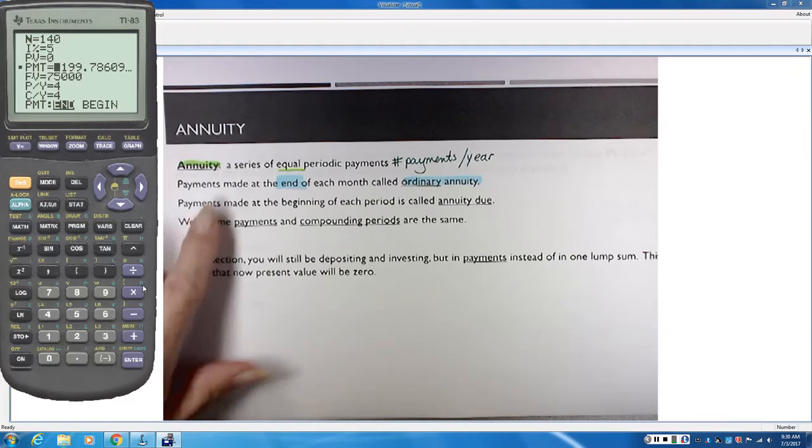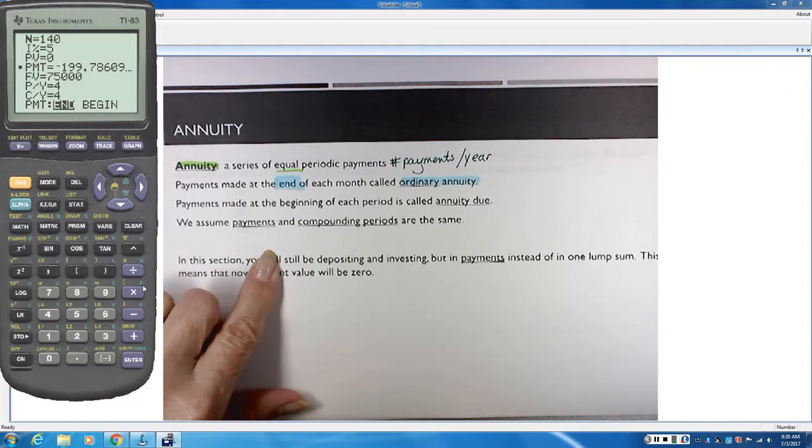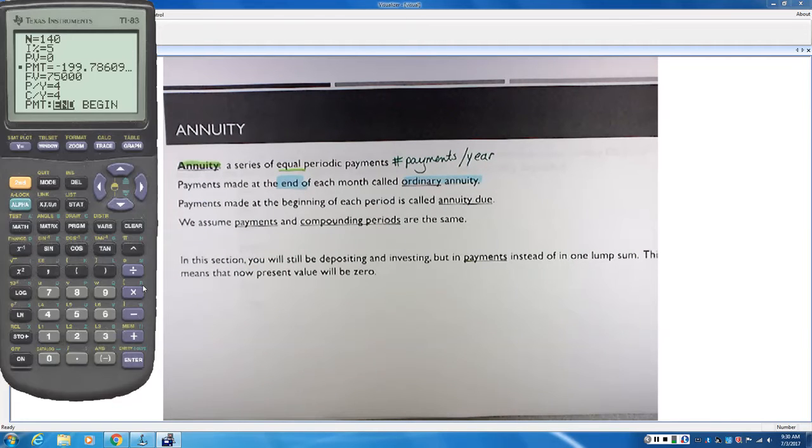Now, the thing that's not being pointed out here is that an annuity is exactly the same thing as when you go to buy a house and you get a mortgage. It's exactly the same thing as when you go to buy a car and make car payments. The difference is that instead of you having a certain amount of money at the end, your debt goes to 0 at the end because you've paid off your mortgage or your car payment.